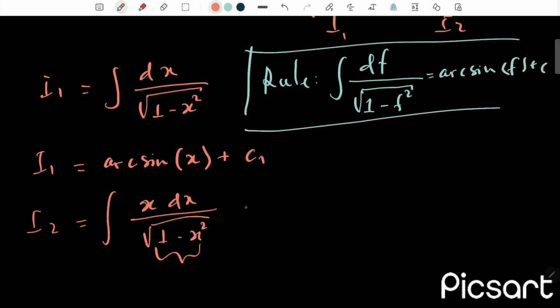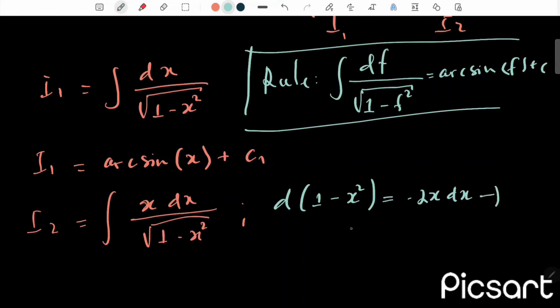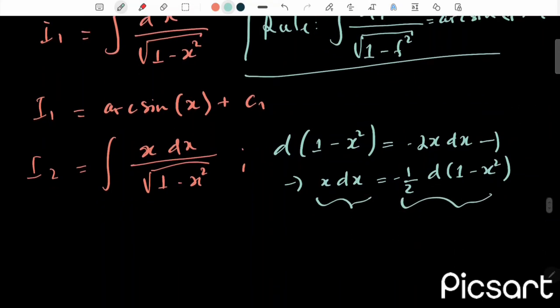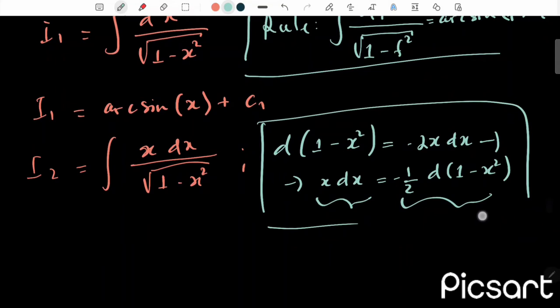If we take the derivative of 1 minus x squared, we get minus 2x dx, so that x dx can be written as minus 1 over 2 d of (1 minus x squared), and we will substitute this term in our integral.